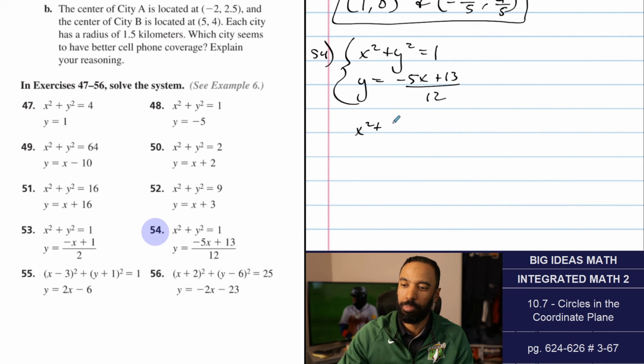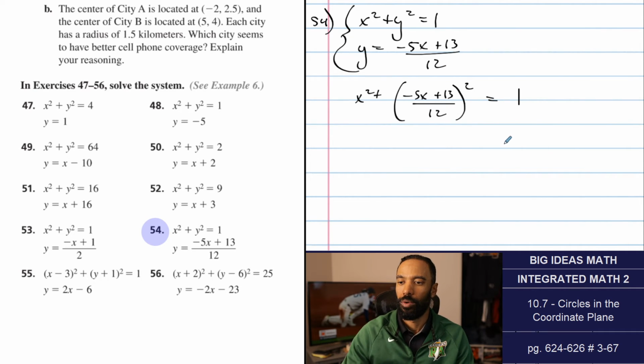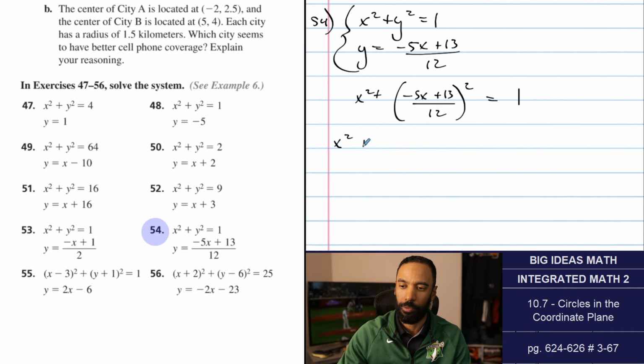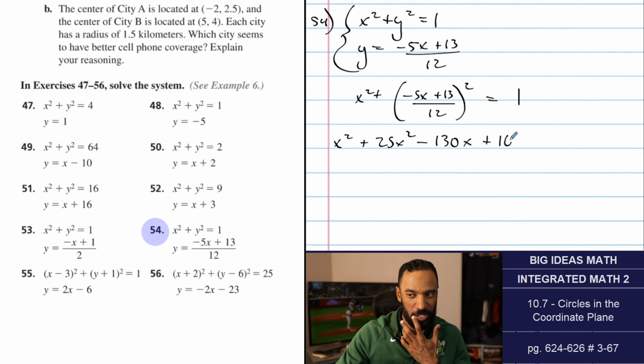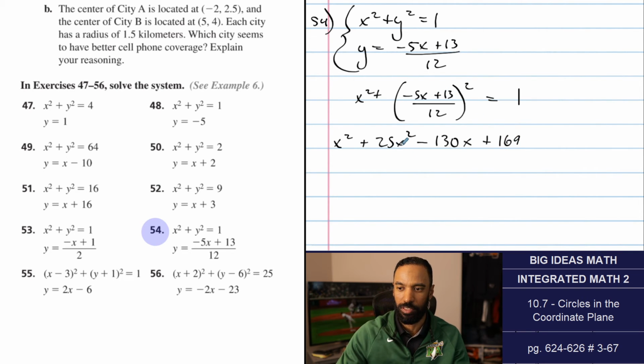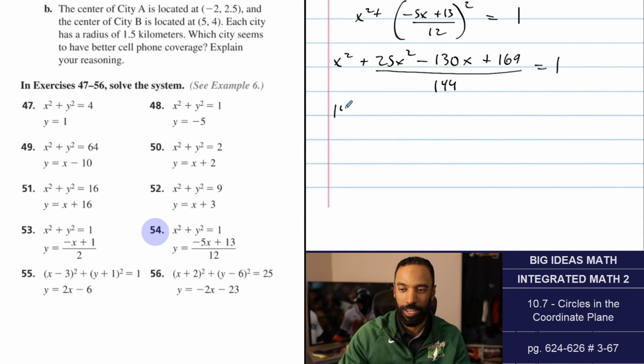So x squared plus, here's the y squared, equals 1. When we square that top portion, I will get 25x squared minus 130x plus 169. That's the expansion of the top. The bottom is 12 squared, 144. So we'll multiply everything by 144.